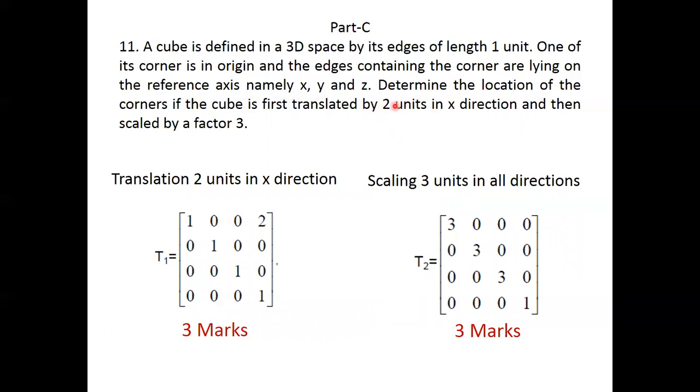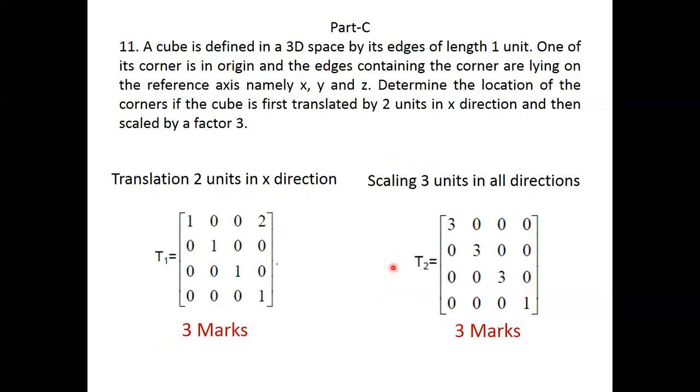Then the question is that all the corners are translated by 2 units in the x direction alone and scaled by a factor of 3. Translation in the x direction is given by this transformation matrix, where only this term is 2, the y direction is 0, and the z direction is 0. Writing this transformation matrix carries 3 marks. Scaling by 3 in all directions gives 3 3 3, with the homogeneous representation.